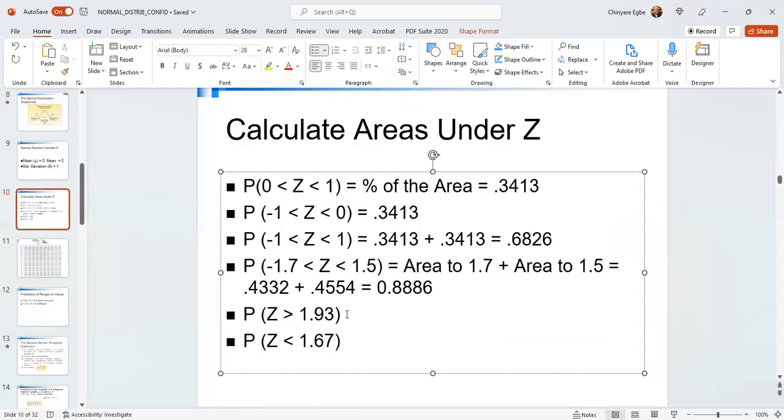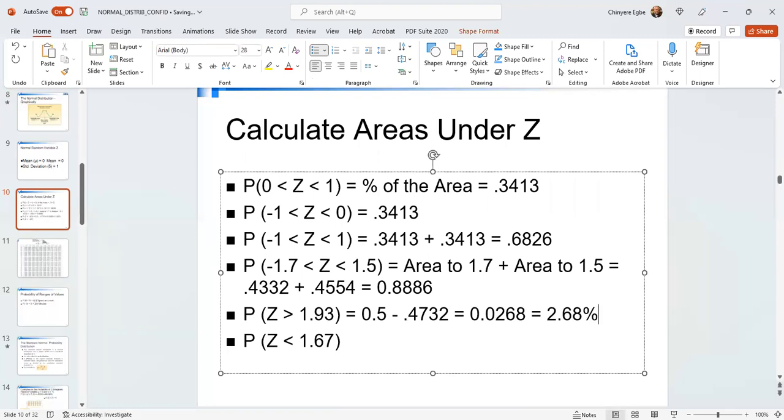So that will be equals 0.5 minus 0.4732, which is 0.0268, which again is 2.68 percent.